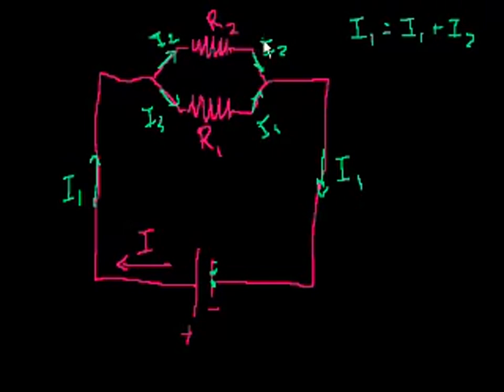In a given second, if this is 5 coulombs per second, I'm just making up numbers, and this is 6 coulombs per second, right? In a given second, right here, you're going to have 5 coulombs coming from this branch, and 6 coulombs coming from this branch.